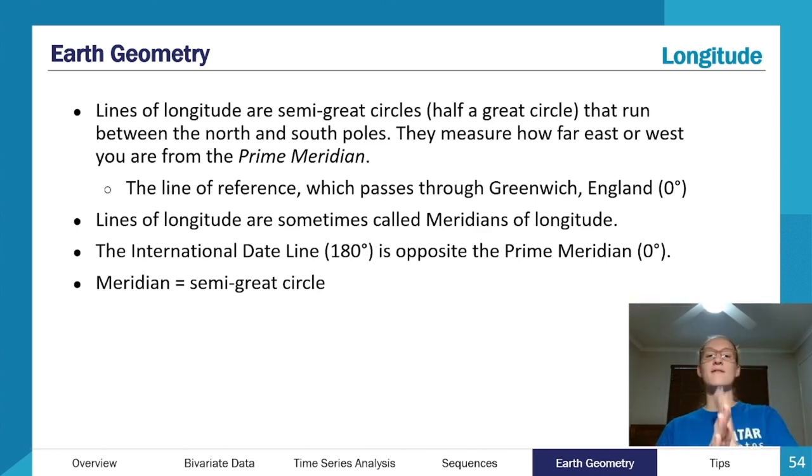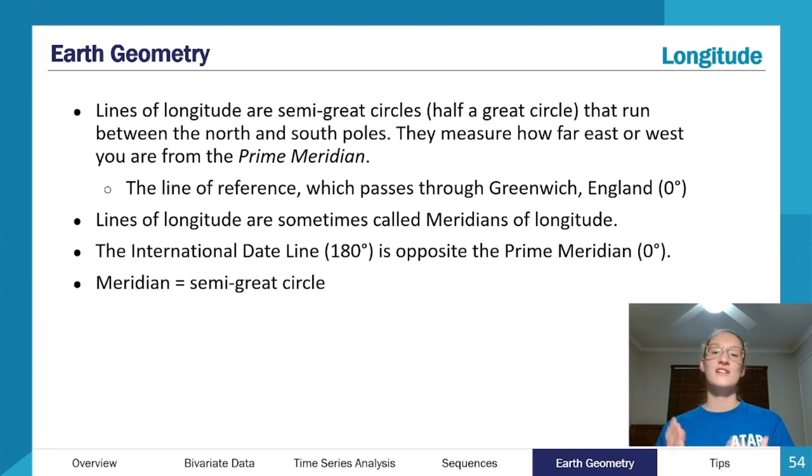So we've made up this invisible point of reference called the prime meridian. When we're talking about east or west in longitude, we're talking about how far east or west a point is from the prime meridian, which is our line of reference. Fun fact, that's the 0 degrees longitude, and that line passes through Greenwich, England. So that might come in handy.